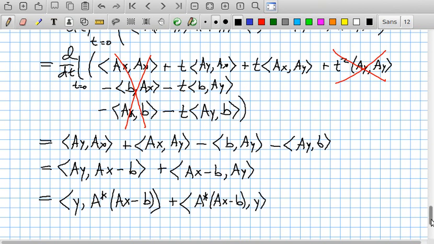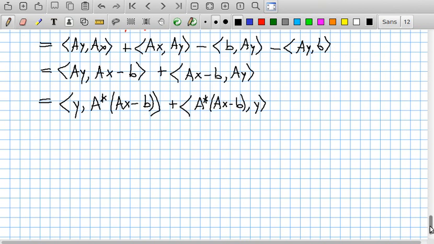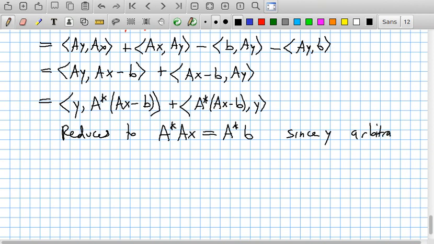Okay. So what we're trying to solve here reduces to a star ax equals a star b, since y is arbitrary. That non-degeneracy of the inner product is being used here.